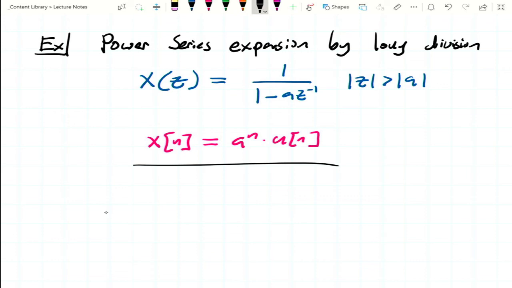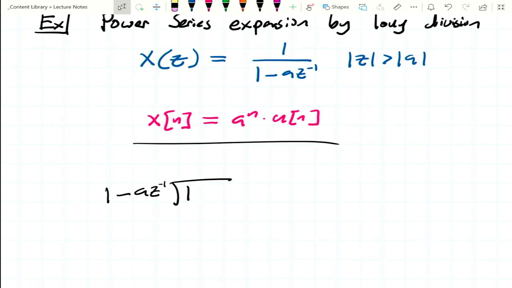So we'll have 1 divided by 1 minus a z to the minus 1. Let me draw a little better. So the first thing we know is we just pay attention to the first terms, right?